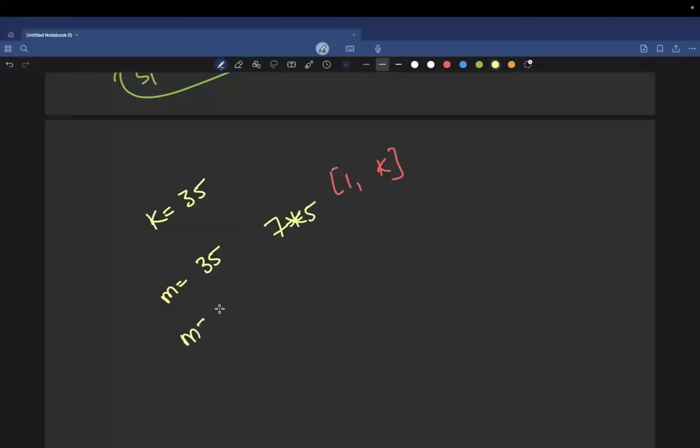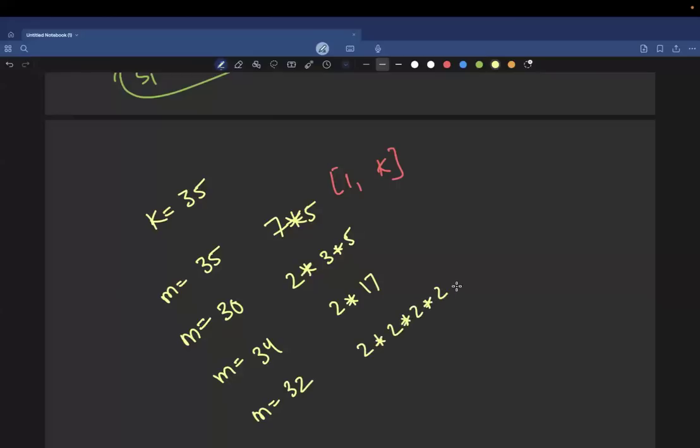Or you could have chosen m equal to, let's say, 30 which is 2 into 3 into 5. Or you could have chosen m equal to, let's say, 34 which is 2 into 17. Or you could have chosen m equal to something like 32 which is 2 into 2 into 2 into 2 into 2.